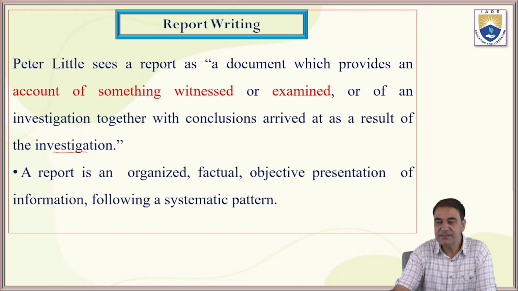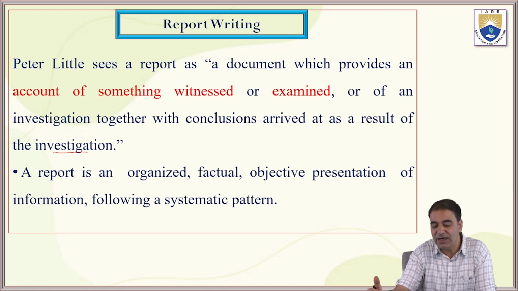Therefore, the report is something which a reporter has witnessed or examined. That's why we are supposed to write the correct information. We should not intrude our personality in a report.